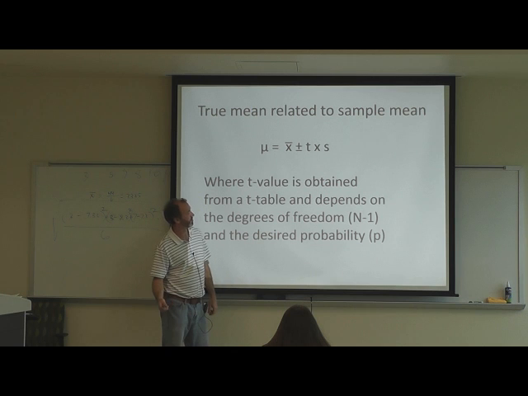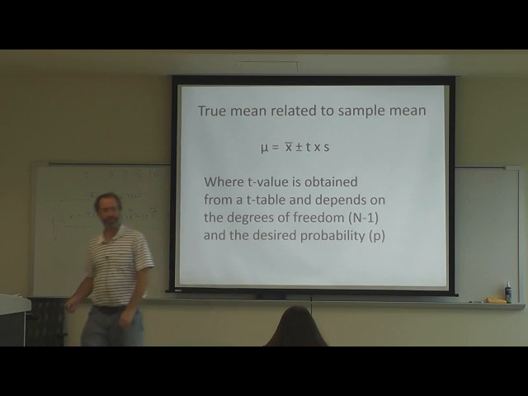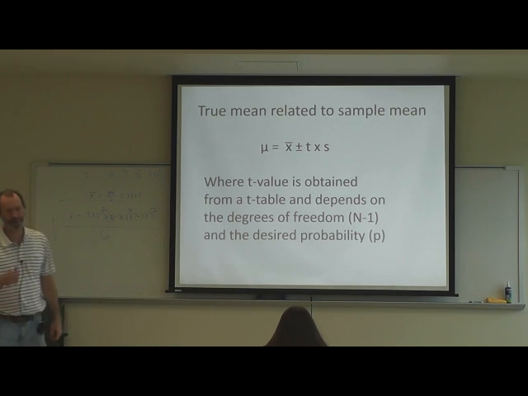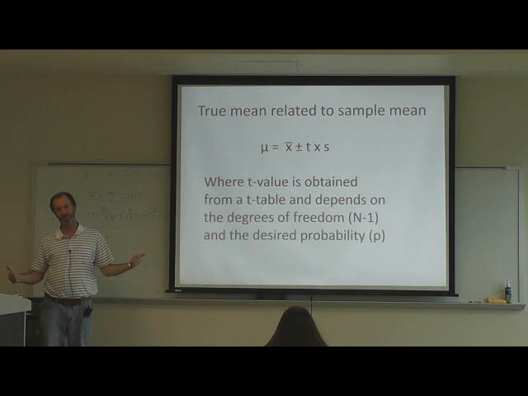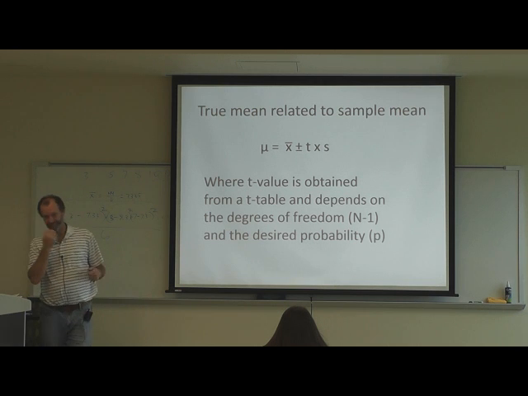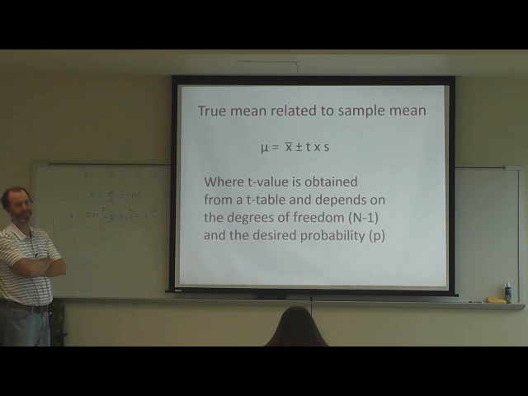I know how to explain it in terms of a t-test. Do you guys know what t-tests are for? They check for differences between two experimental means, or an experimental mean and a stated value.